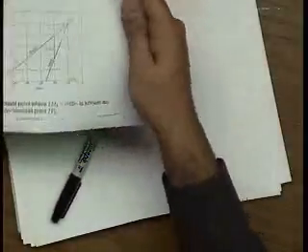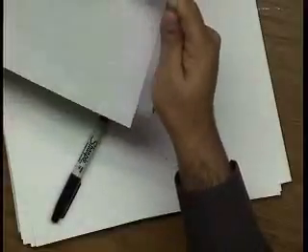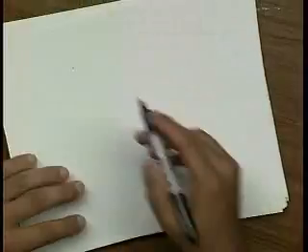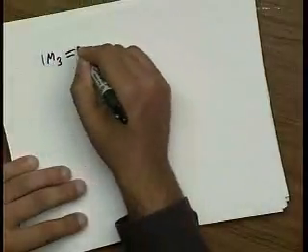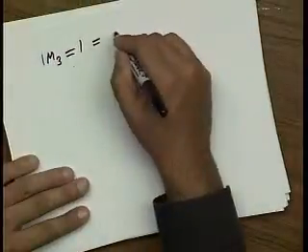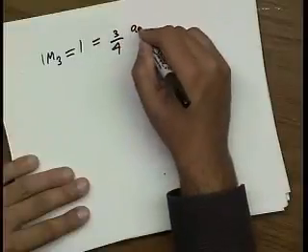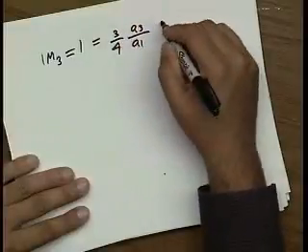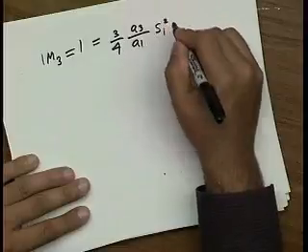All right. Let me shoot ahead here. All right, so let me again go back to last lecture and just set IM3 equal to 1. So that's 3/4 A3 over A1 S input squared, right?